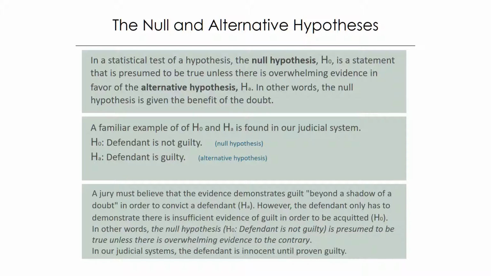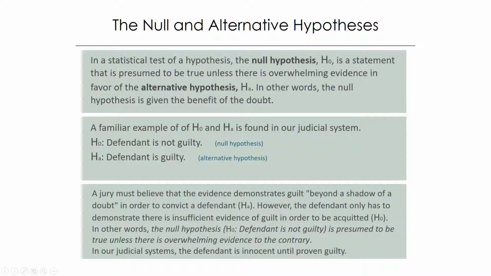A familiar example of H0 and HA is found in our judicial system. H0 is the defendant is not guilty, and HA is that the defendant is guilty. A jury must believe that the evidence demonstrates guilt beyond a shadow of a doubt in order to convict a defendant, which would be HA, the alternative hypothesis.